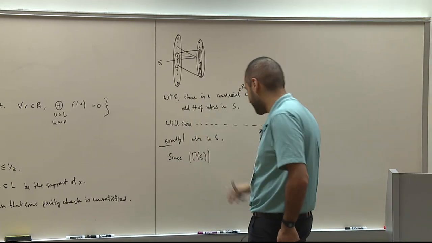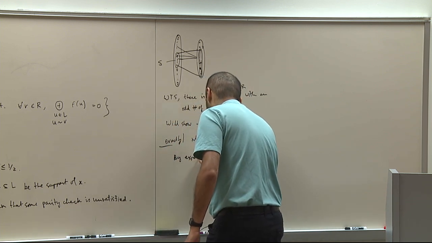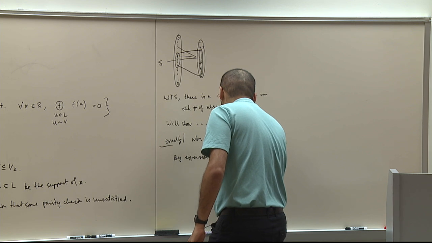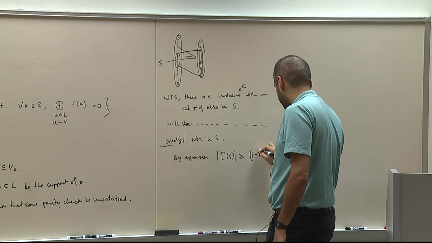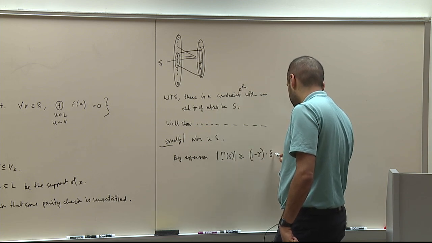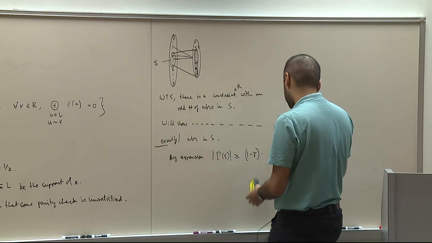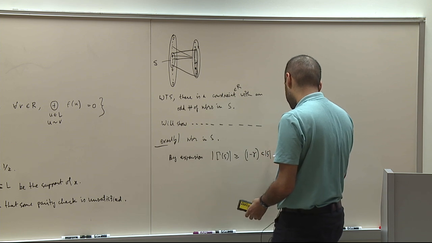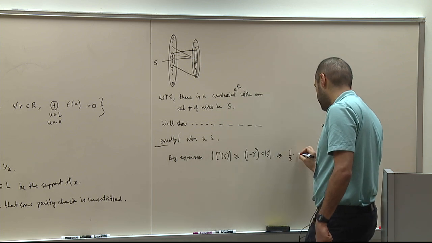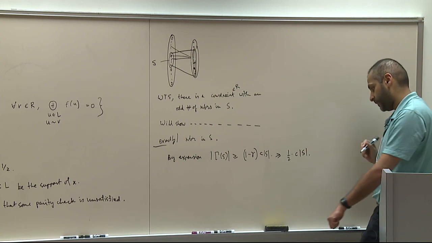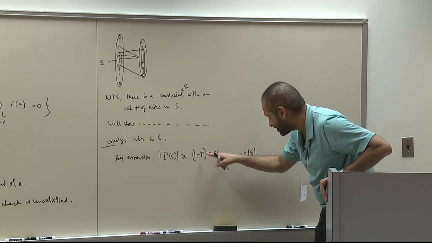So by the expansion, the size of the neighborhood of S is at least (1 minus gamma) times delta times the size of S times C, which is at least half C times size of S. I want this to be strictly greater, so gamma is strictly less than half.